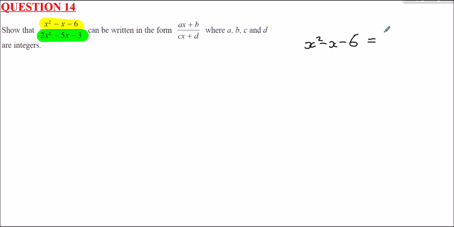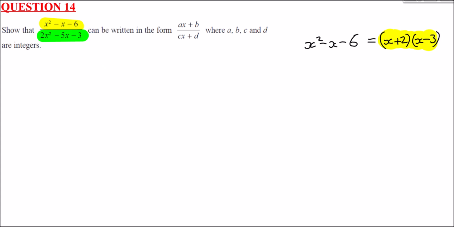With a bit of thinking, you'll get a positive 2 and a negative 3, because 2 times negative 3 is minus 6, and 2 plus minus 3 is minus 1, as in the minus 1x. So in any order in my brackets, I need a positive 2 and a negative 3. And so the numerator factorizes to this.